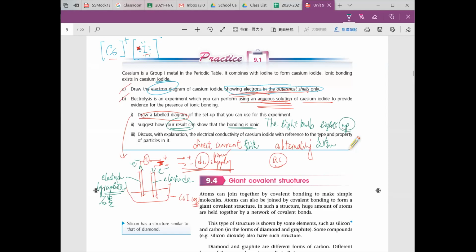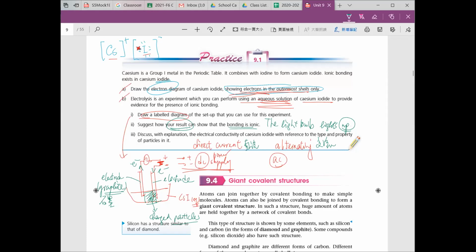So this is one way to tell you that there is a charge flow. So you will tell indirectly that there are some charged particles moving in a directional way. Can you get my point?